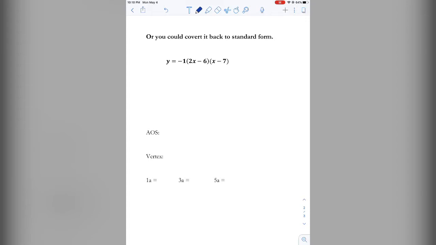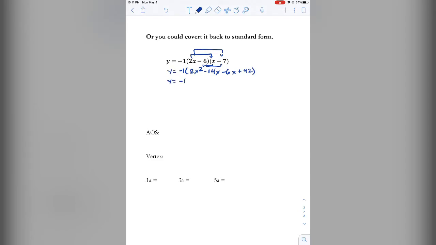So the first thing I'm going to do here is put it in standard form. I do that by just multiplying through. So I do 2x times x, which is 2x squared, 2x times negative 7, which is negative 14x, then negative 6 times x, which gives me negative 6x, and negative 6 times negative 7, which gives me positive 42.